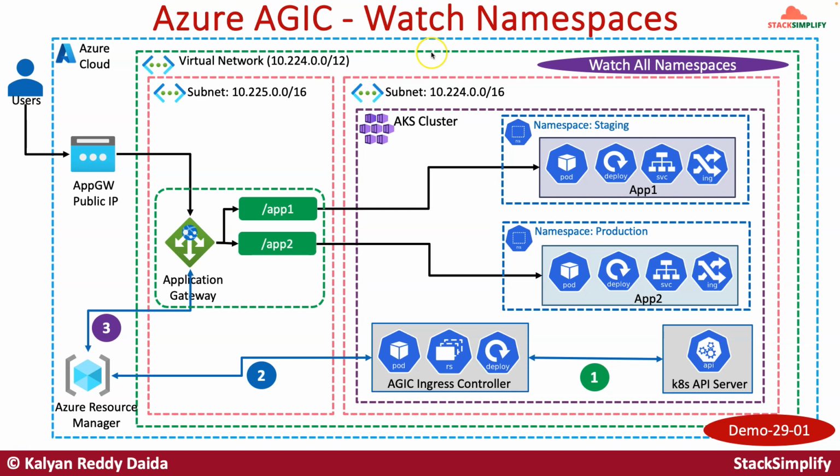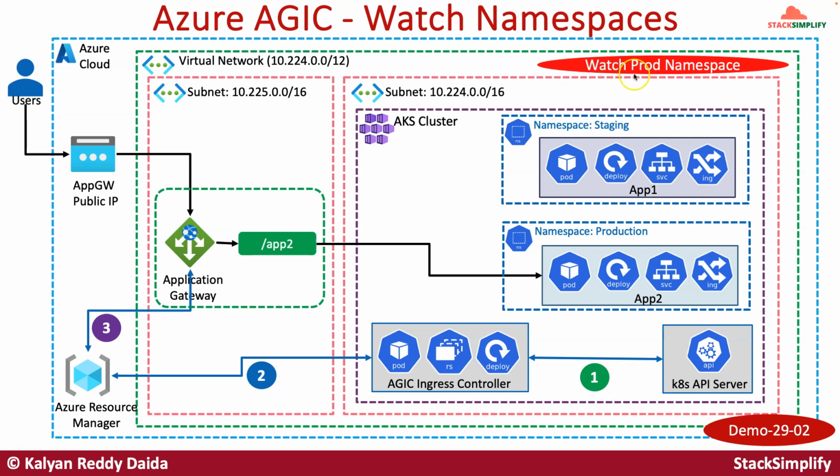From there, we'll also implement Azure AGIC Watch Namespaces. Initially we'll test by creating a staging and a production namespace and deploying our applications to staging and production. Both related Ingress service changes will be applied on the application gateway when we have the default option to watch all namespaces.